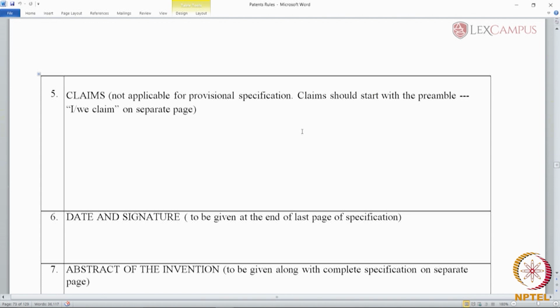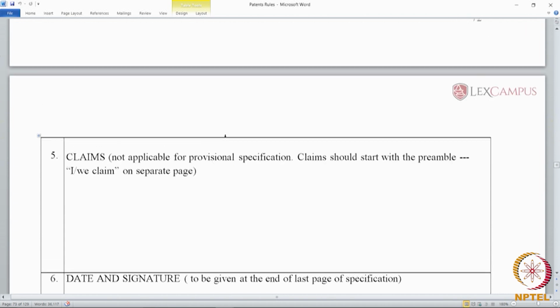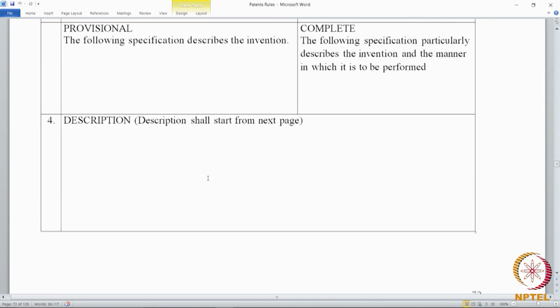So, the claims have to be on a separate page, and form 2 expressly mentions that claims are not applicable for a provisional specification. So, we understand a provisional as a description of an invention, because the descriptive part in clause 4 is still necessary, a description of an invention without the claims, whereas a complete should necessarily have the claims.